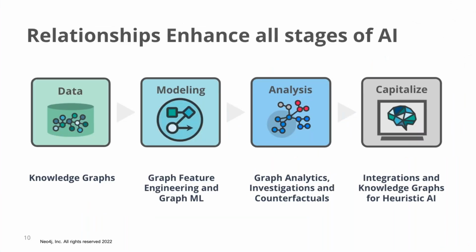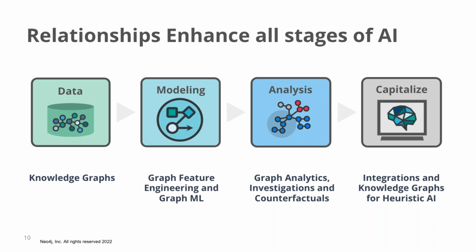So relationships, coming back to the point that I started with, relationships enhance all stages of AI and the AI landscape. So the AI landscape is not just machine learning, right? The AI landscape has all the tools that enable intelligent decision making, where the intelligence is data driven.